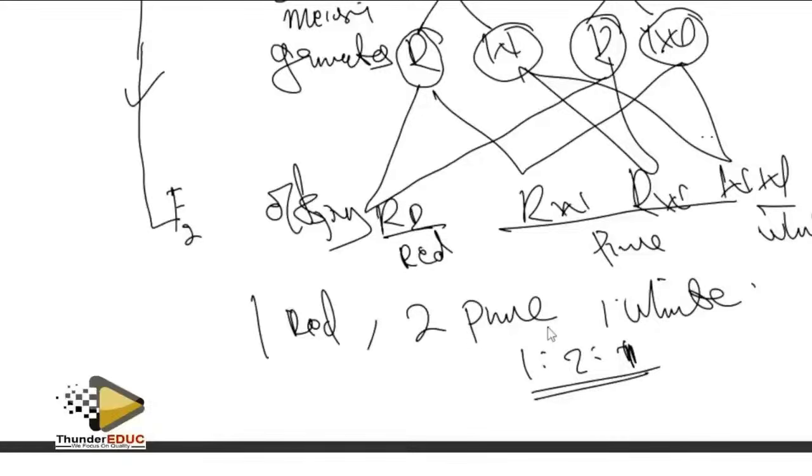If they ask you what is the percentage of individual plants which were red, then you have to say it's 1 out of the total. The total is 4, times 100. Then you give us the answer as 25%. Please don't forget that.